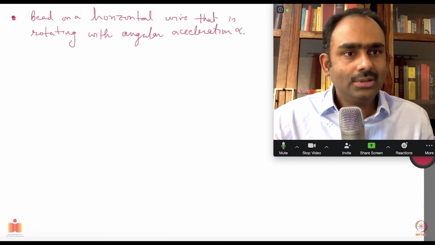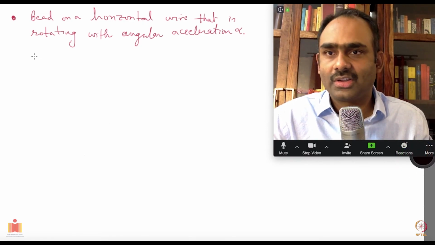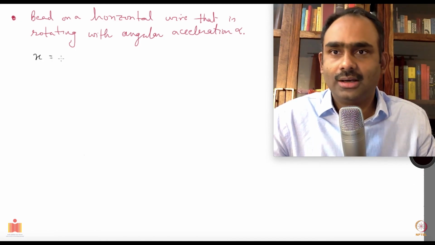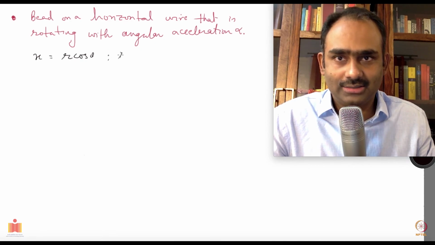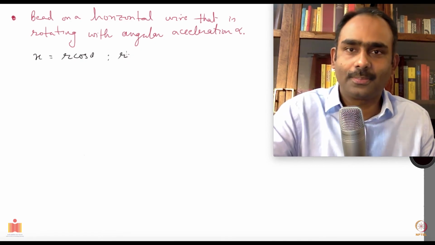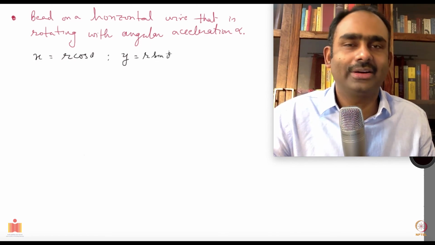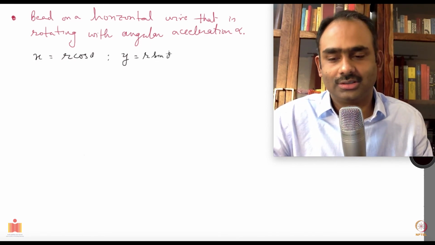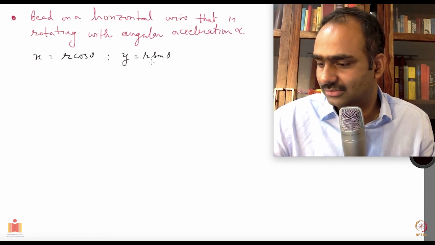Again, as before, your x is r cos theta, your y is r sin theta. You can find out theta given your initial condition and your alpha.